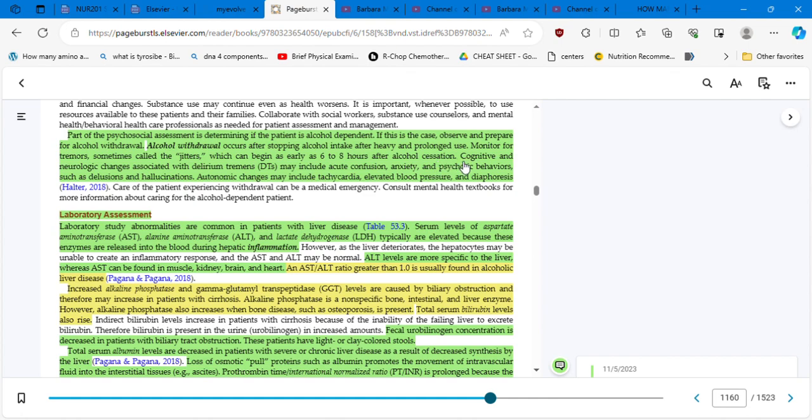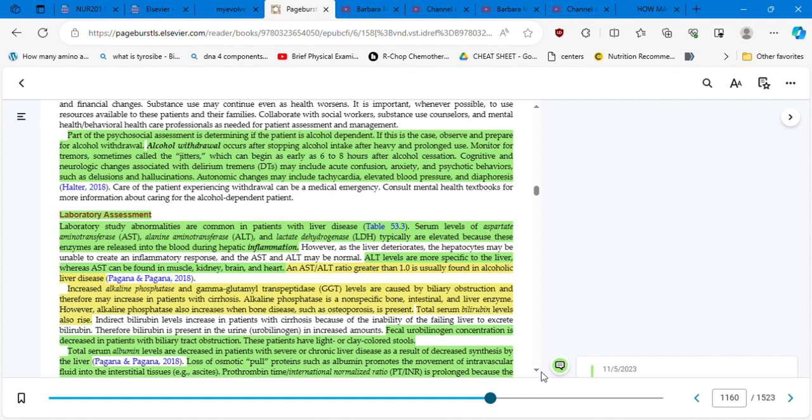You are going to see this very often in the hospital when a patient is admitted because of alcohol use. After 6 to 8 hours of withheld alcohol, this patient is going to start having the jitters. Cognitive and neurologic changes associated with the tremors may include acute confusion, anxiety, and psychotic behaviors.